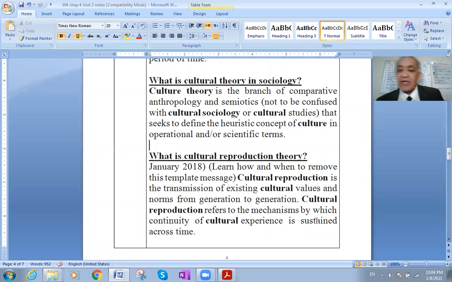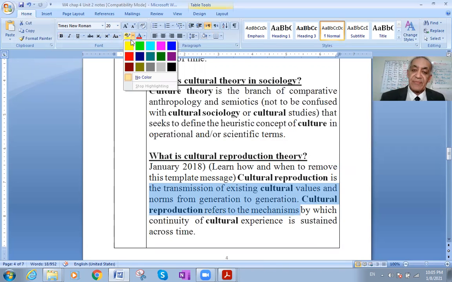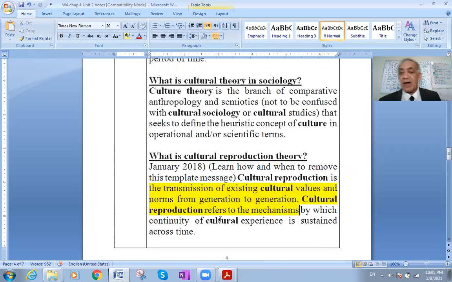What about the culture reproduction theory? What do you mean by culture reproduction theory? Cultural reproduction is the transmission of existing cultural values and norms from generation to generation. I believe this is a very nice definition.